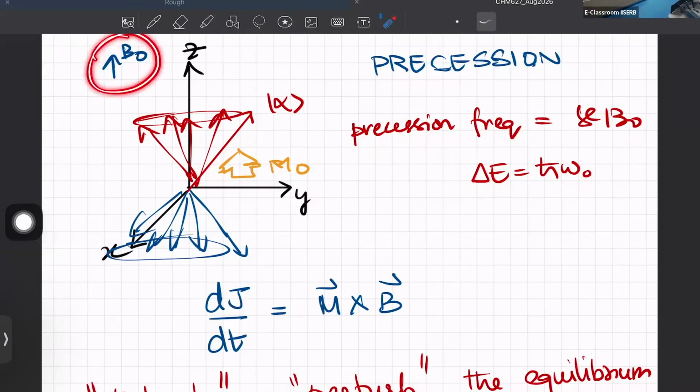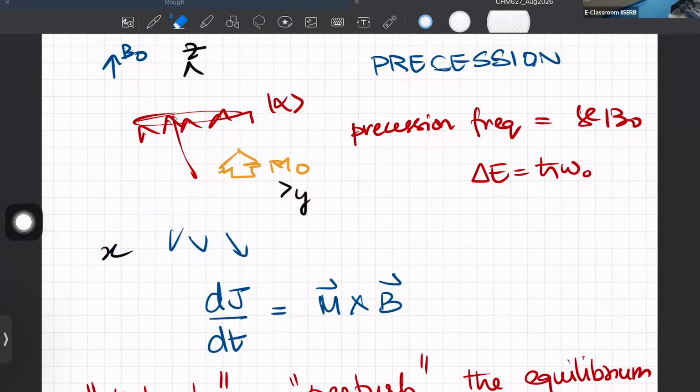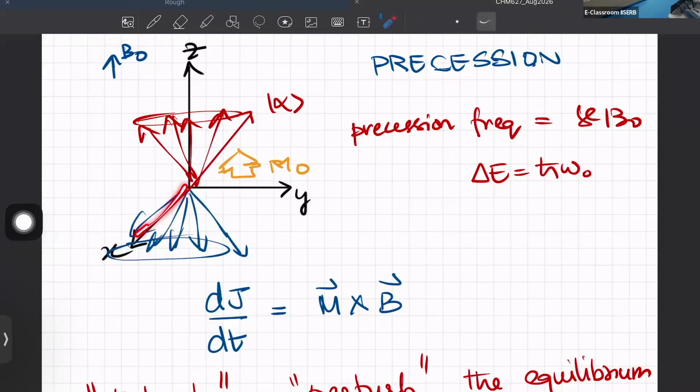For now, I cannot say how B naught vanishes suddenly. Assume that we have all powers within us where we apply an effective magnetic field that's perpendicular to M naught with no B naught being present. And therefore, what is going to happen? M naught is going to precess about the effective B that you have applied. And therefore, you can move the M naught wherever you want.